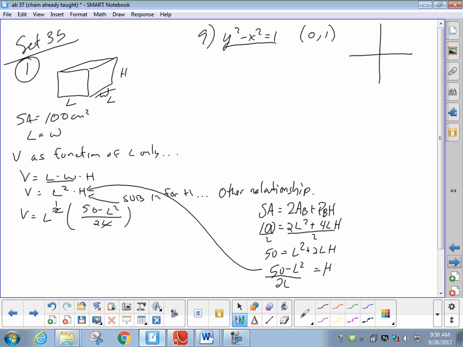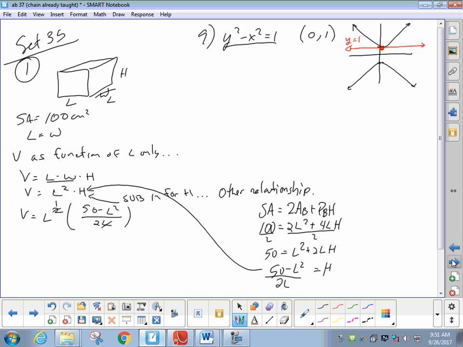Hyperbola. Hyperbola opening up and down or side to side? Up and down, with a vertex at (0, 1) and (0, negative 1), yeah? So if I said, hey, what's the tangent line at (0, 1)? That's here. What's the equation of the tangent line then? Well, I think it'll be y equals 1. Now, that's all right, because I'm going to practice my implicit differentiation skills and verify that that's true.